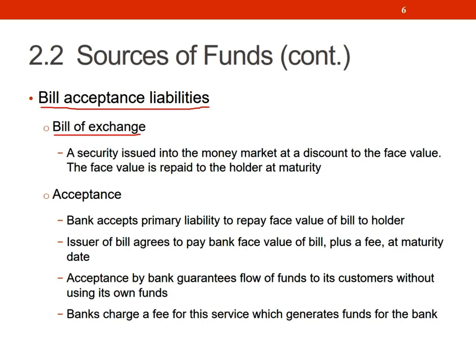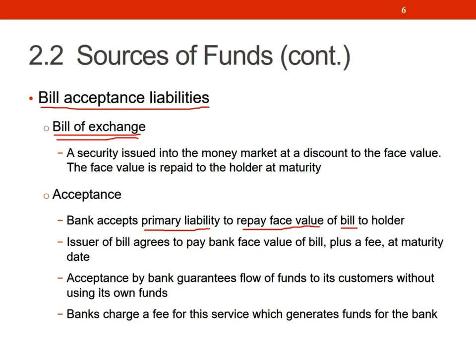Now, the bank can play a role in this by accepting or guaranteeing the bill of exchange. And the way that works is if the bank accepts the bill, then they're accepting liability to repay the face value of the bill to the investor.